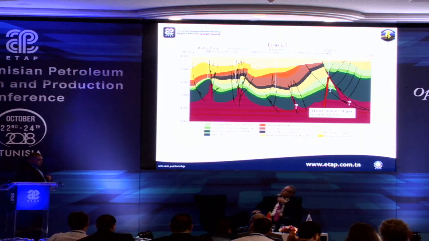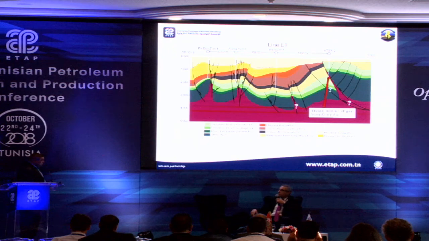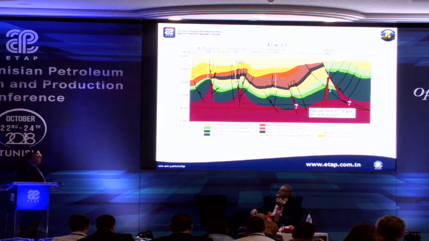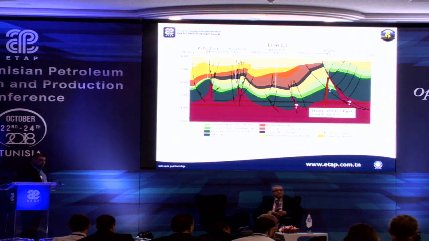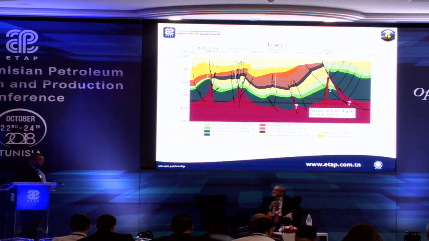And I agree for the northern part of Tunisia that there are a lot of identified structures beneath the Numidian sheet, but which maybe at the moment needs good seismic imaging to better identify this kind of structure. Yes. Any other? Yeah, we have already this kind of data, I think, in Tunisia.